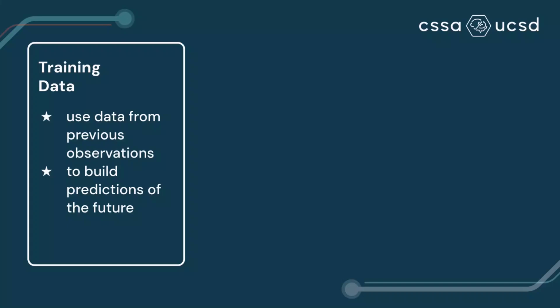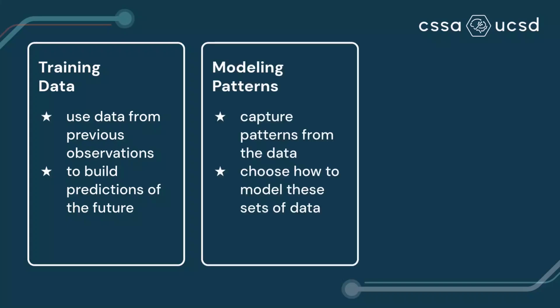And there are always 3 aspects to any machine learning task. The first one is training data, which is when algorithms use data from previous observations to build predictions of the future. This is usually provided as a data set or as a database for the algorithms to learn. The second aspect is modeling patterns.